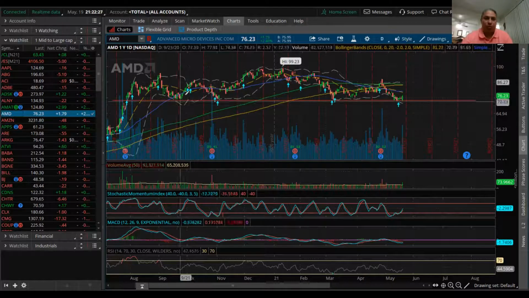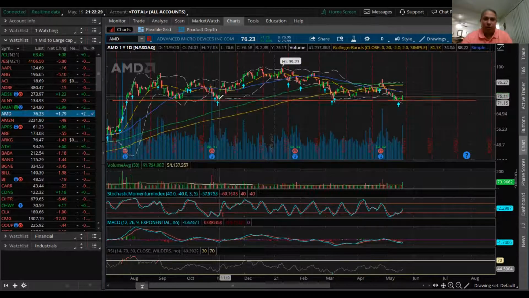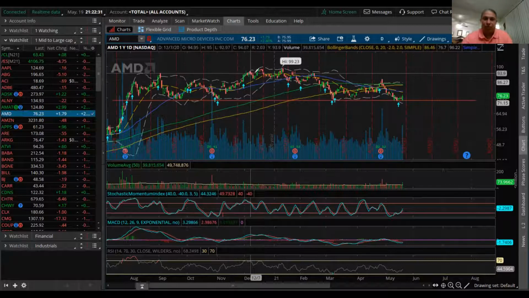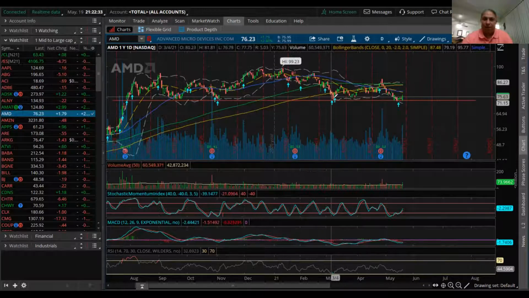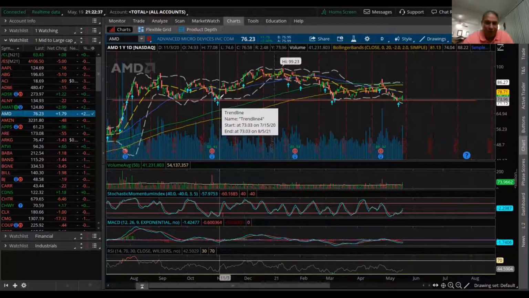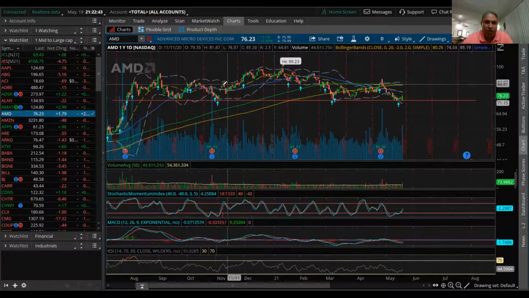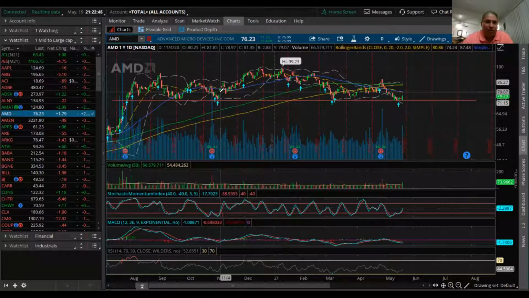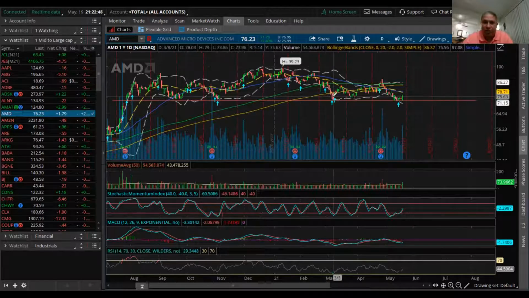So support 1, support twice right there, and it didn't do anything for a long time. And now, look at that. That's 11 of 2020. The date's right here. 11 of 20, and this is 3 of 21.